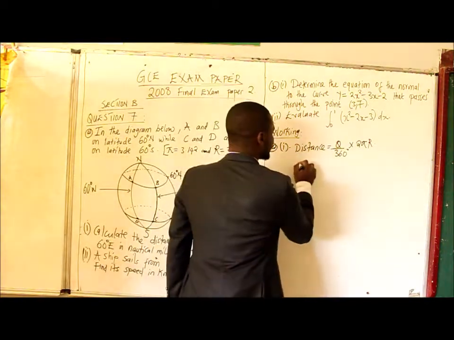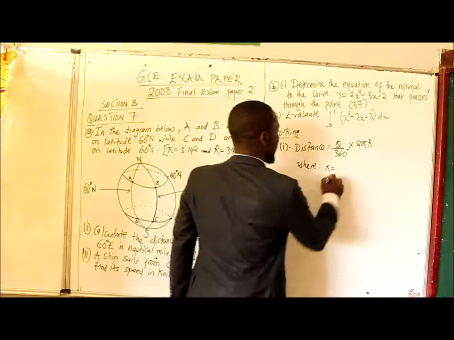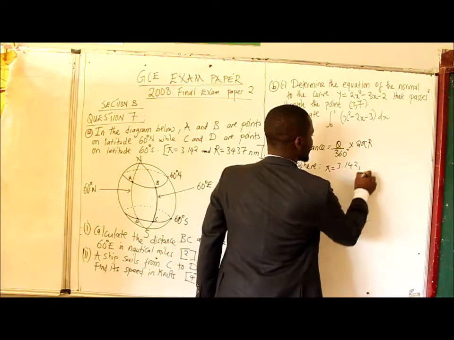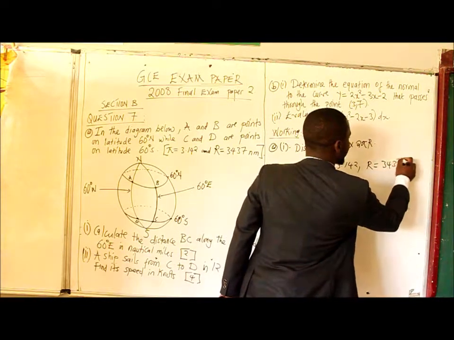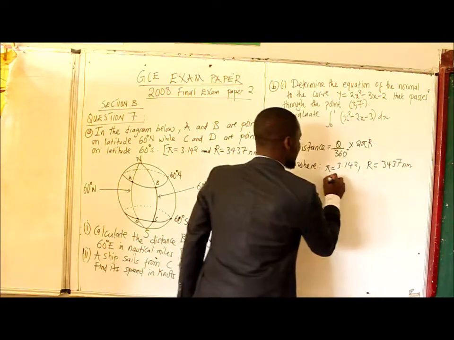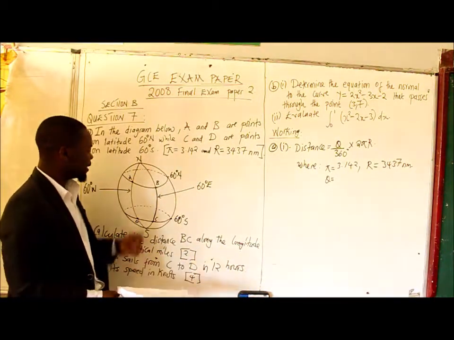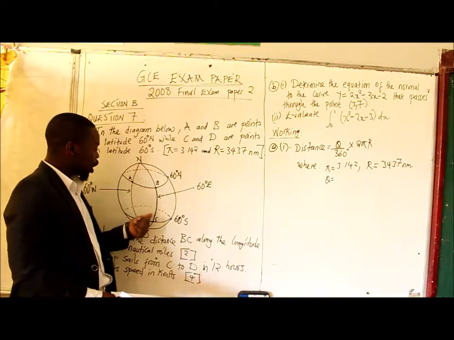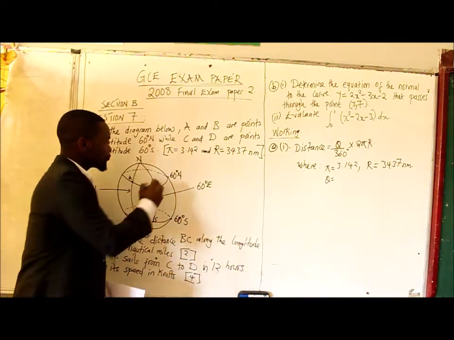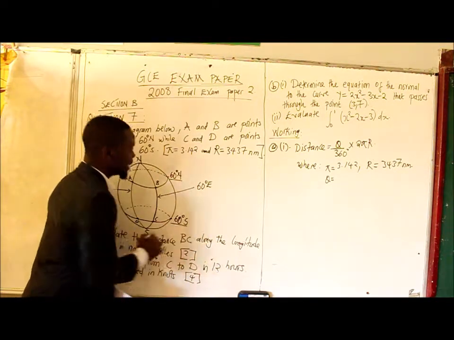Where pi is 3.142, r is 3437 nautical miles, and theta is the difference in latitude. B is on 60 degrees north, C is on 60 degrees south.